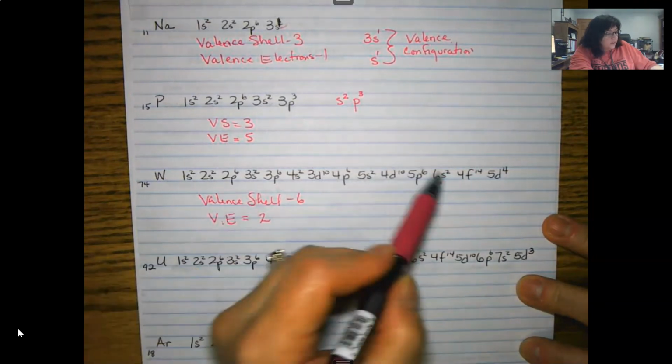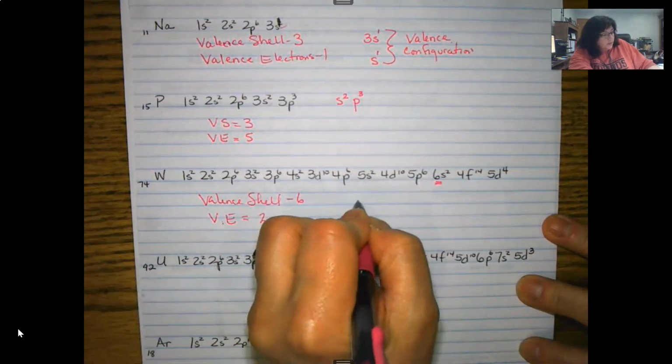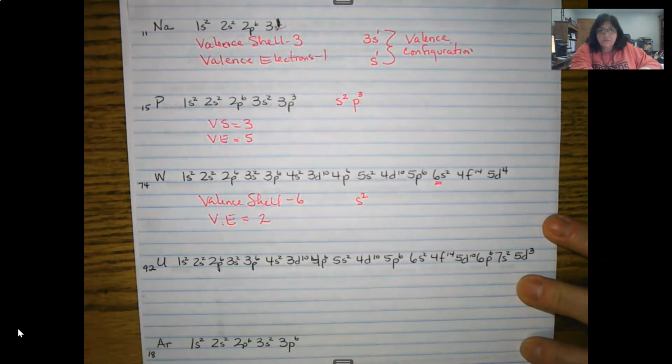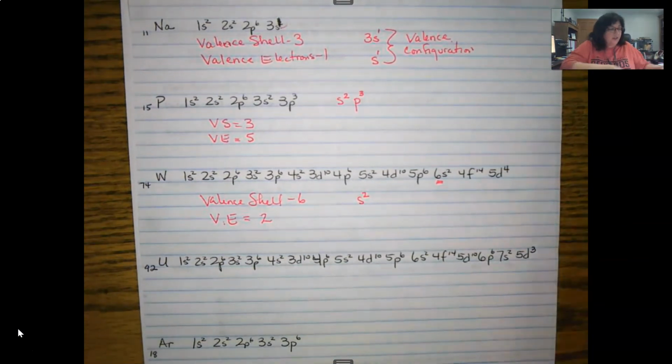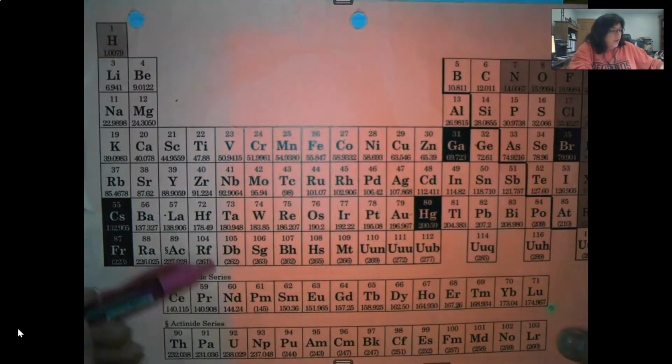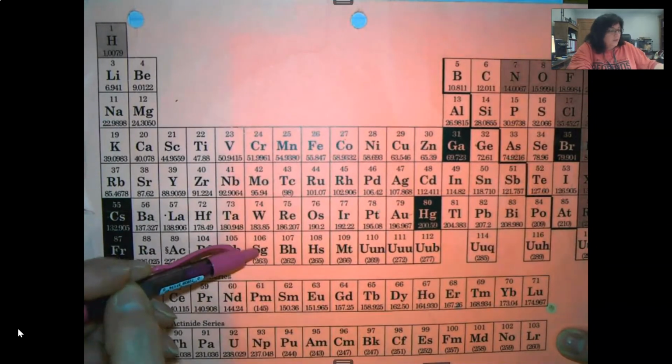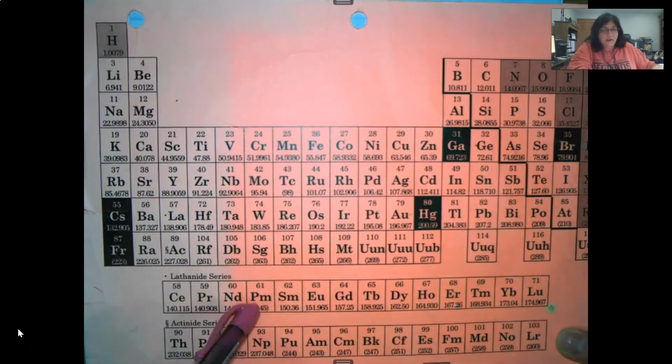And then valence configuration is just going to be s2. So now think about it. The valence configuration for any element in the D block, for any element in the F block, is going to be s2, because the highest principal energy level is just a higher s with 2 electrons.